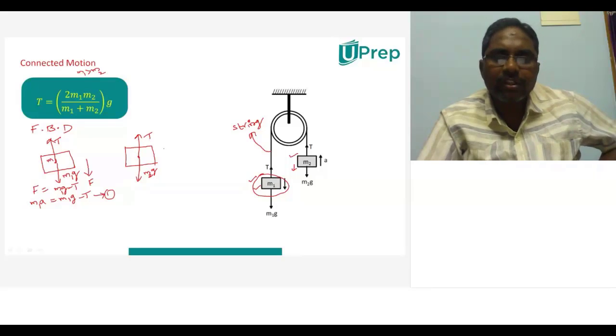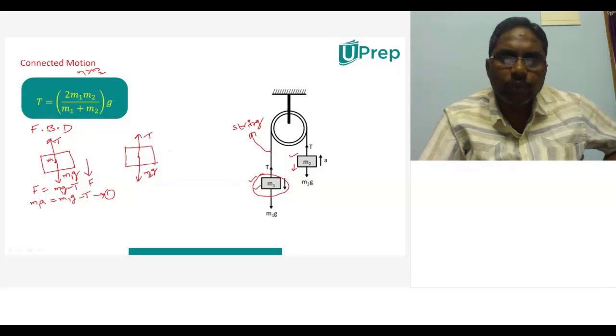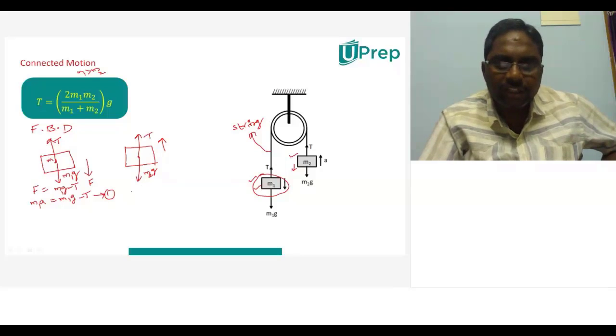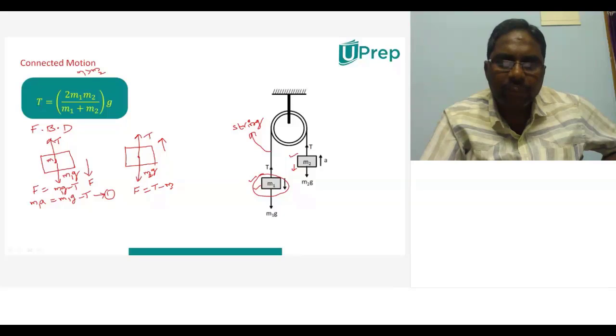Now tell me, because of these two forces, which side is the object moving? In connected bodies, it is moving in the upward direction. So when it is moving upward, what can you write? Resultant force on the second object, F, you can write like this: T minus M2G.